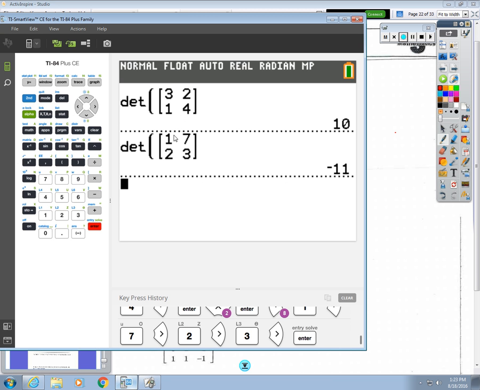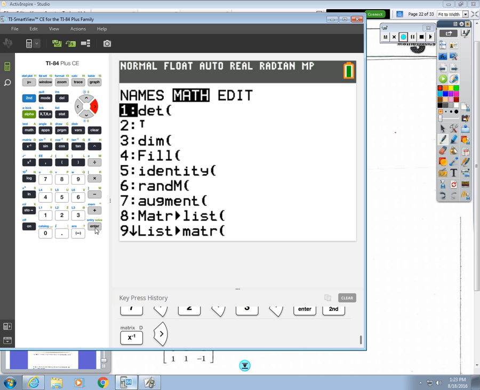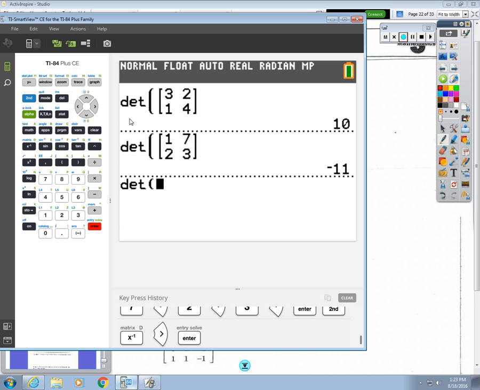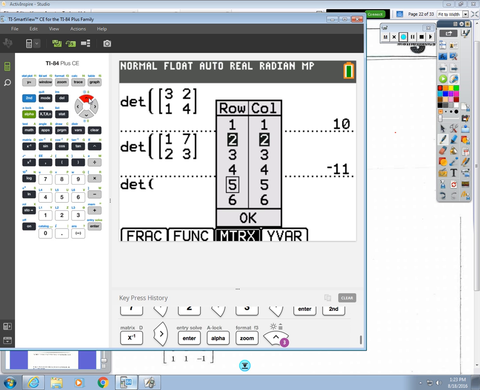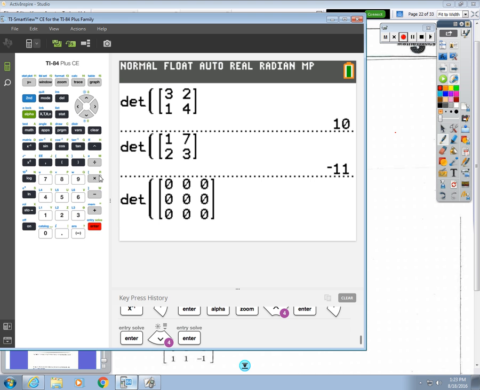So I won't be able to just copy and paste because this is now a 3 by 3. So I have to go second, matrix, math, and then determinant. And now I need to set up a 3 by 3. So alpha, zoom, and then you just enter those 9 elements.